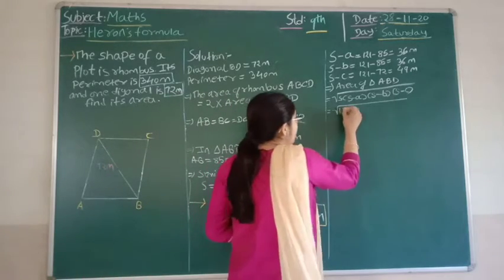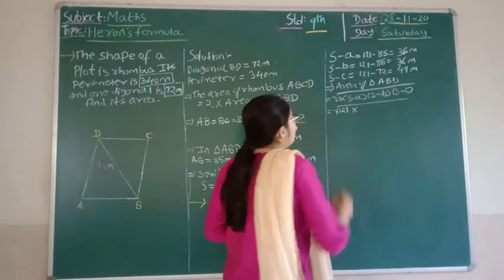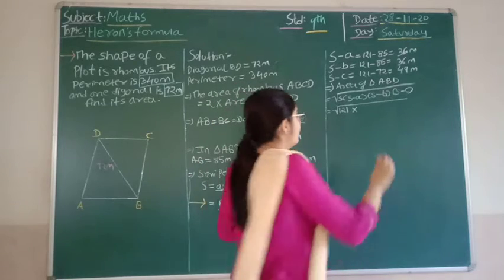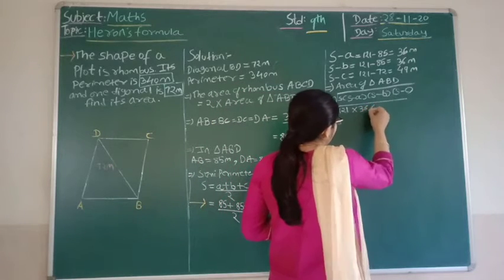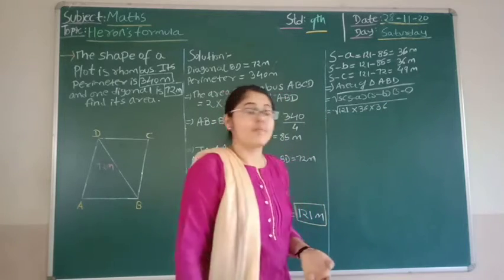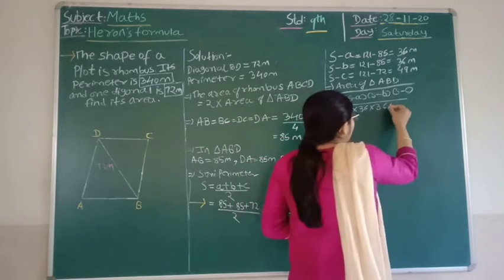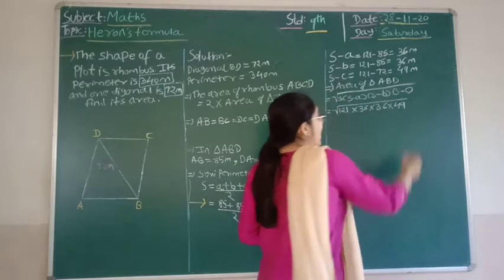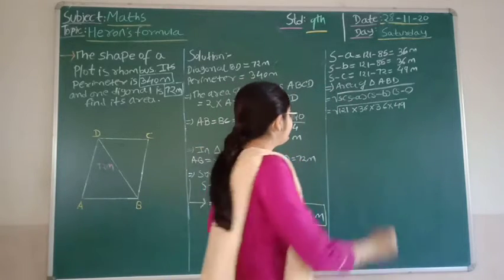So I am writing over here 121 multiplied by 36. That is my A. Again multiplied by 36. That is my B. And multiplied by 49. That is S minus C.